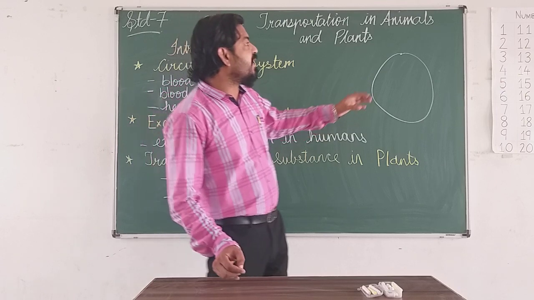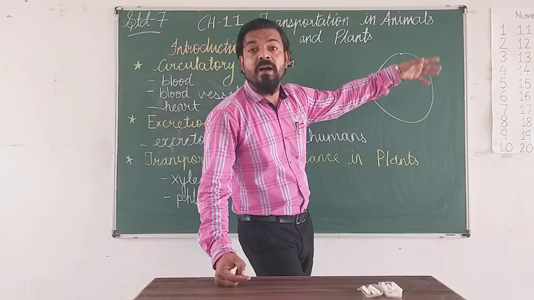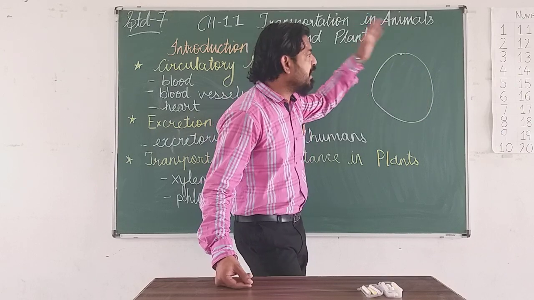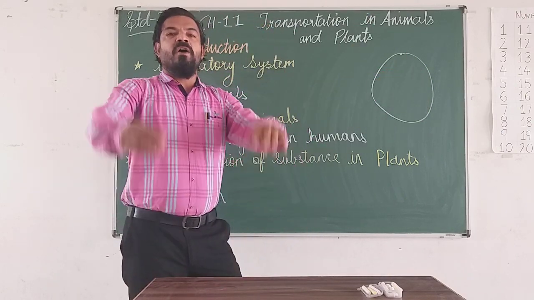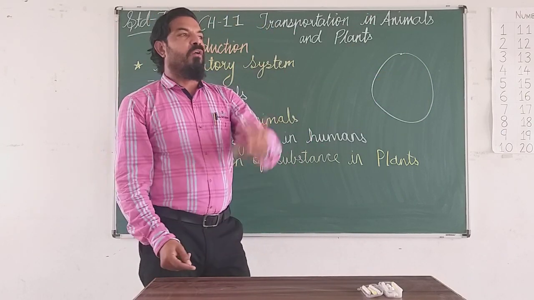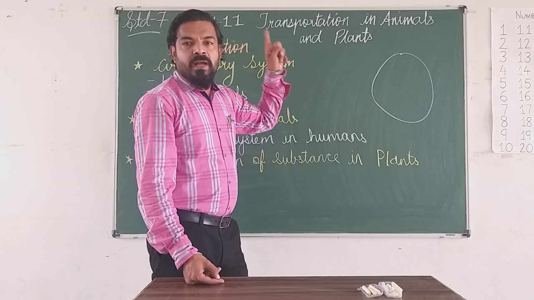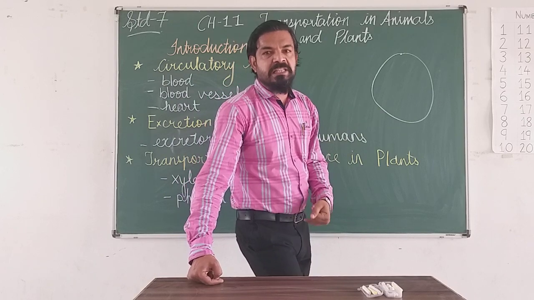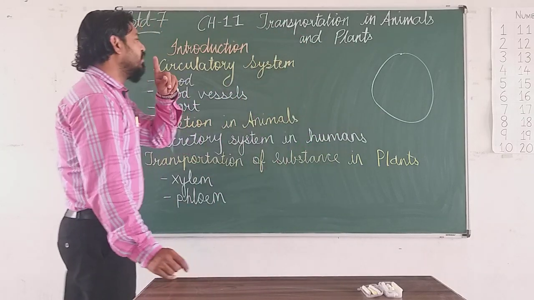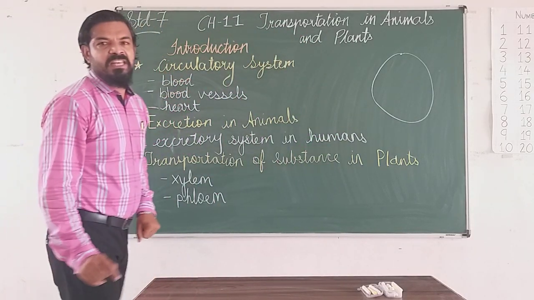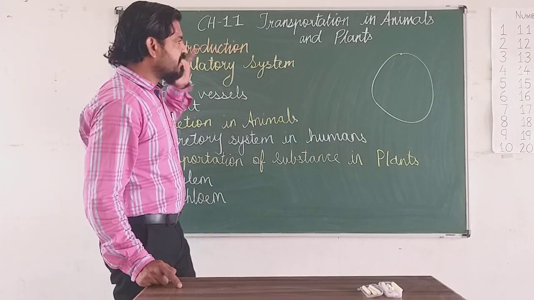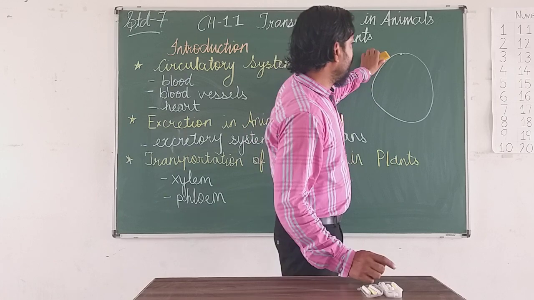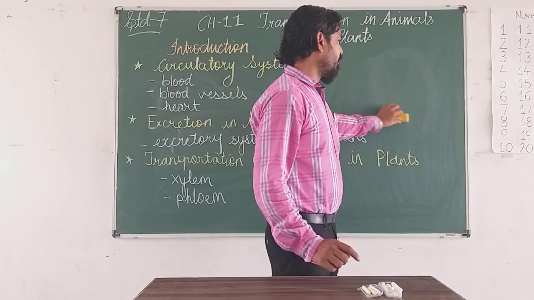This is called circular. And this circular always follows one system and has to follow a systematic circulation. That is why it is called the circulatory system. Understand? So, we understand this circulatory system.